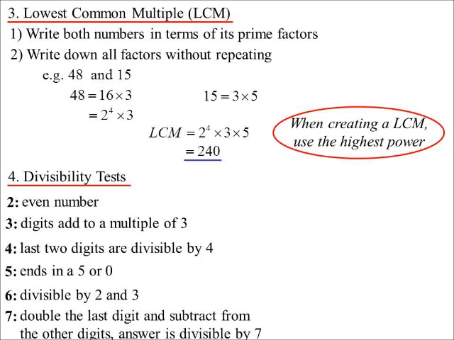Give me a multiple of 7. 7, gee, thanks. 49, okay. Let's say 49. Double the last digit, 18. Subtract it from the other digits, which in this case is 4, and we get negative 14, and negative 14 is divisible by 7, so 49 is divisible by 7.